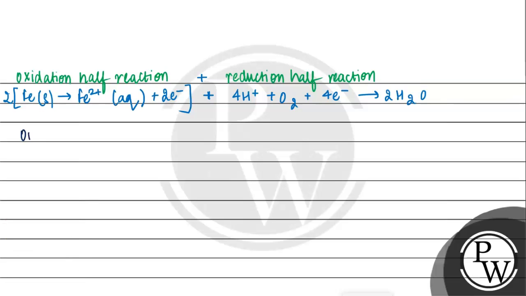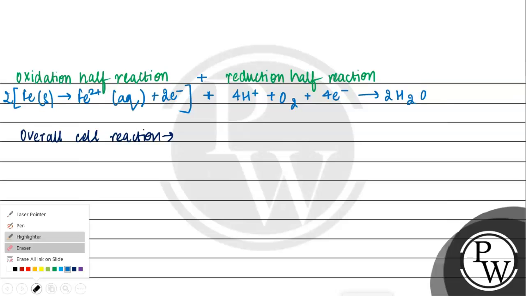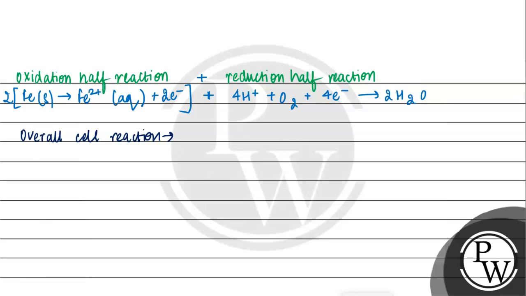Now our overall cell reaction will be: 2 Fe in solid state plus 4H+ plus O2 plus 4 electrons gives 2Fe2+ plus 4 electrons plus 2H2O. तो 4 इलेक्ट्रॉन्स कैंसिल.